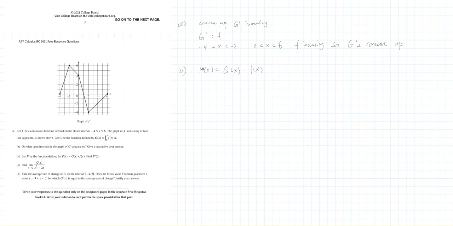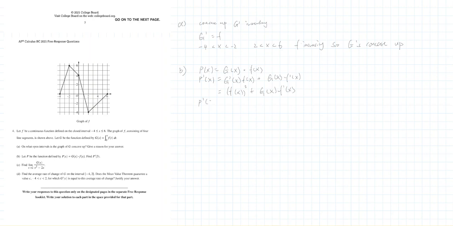Since we are trying to find the derivative, p prime of x equals g prime of x times f of x plus g of x times f prime of x. And this g prime of x is just f of x, so it's f of x squared plus g of x times f prime of x.